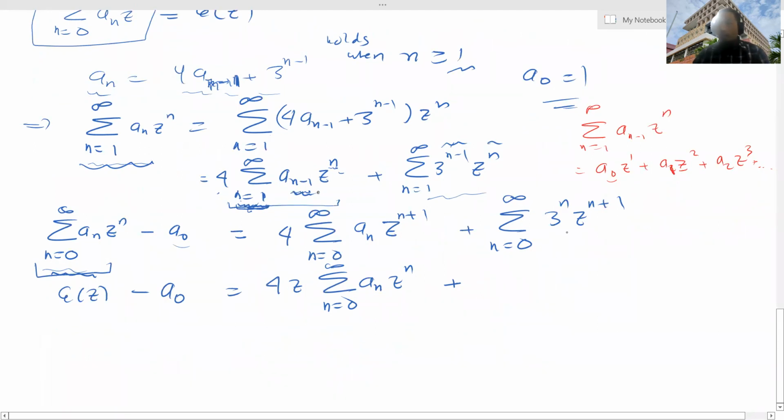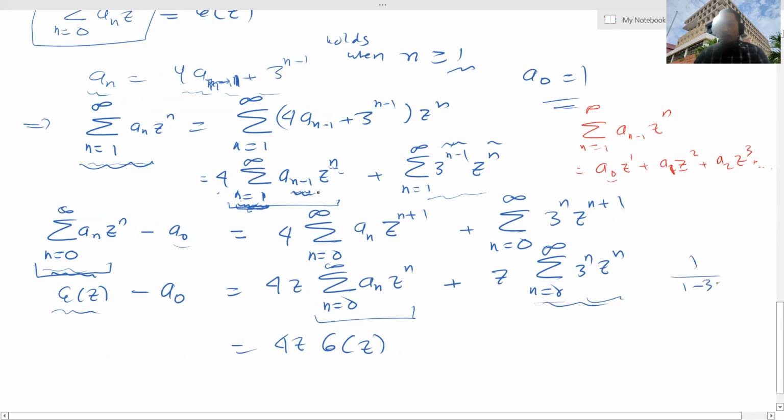This is z times the sum of n from 0 to infinity of 3 to the power of n z to the power of n, right? And this is actually the geometric series, which is 1 over 1 minus 3z. So therefore plus z over 1 minus 3z.